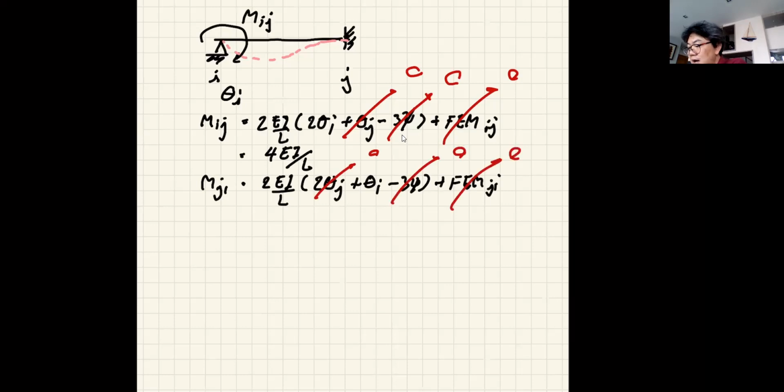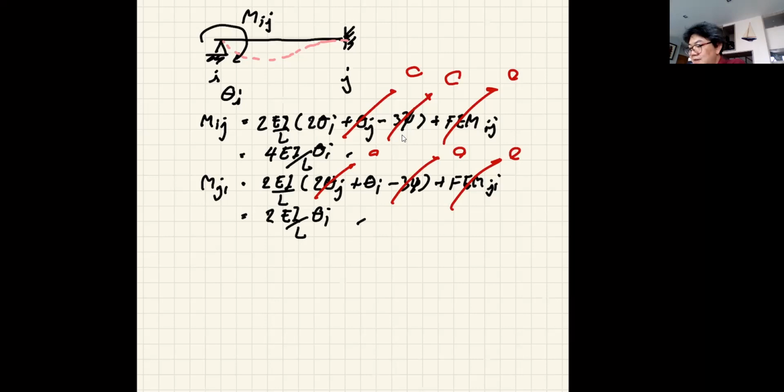So MJI is 2EI over L zeta I. So you can see that MIJ is 4EI over L multiplied by zeta I. In the meantime, MJI is 2EI over L multiplied by zeta I.